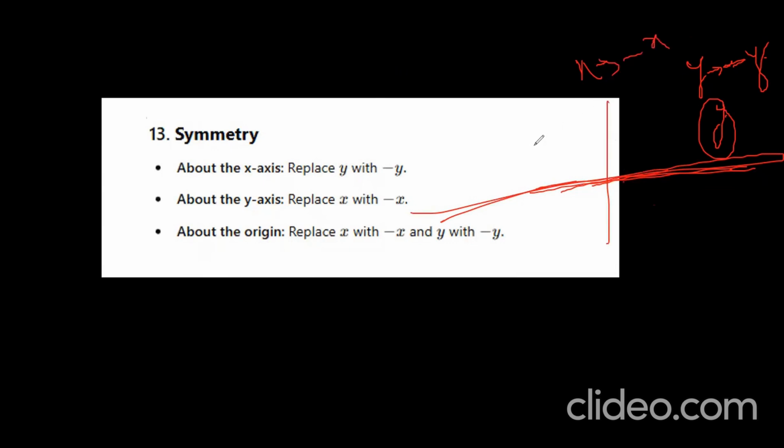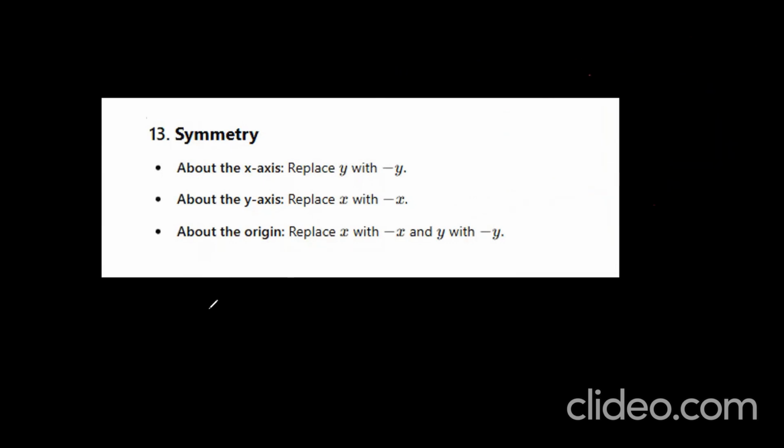About the origin: replace x with minus x and y with minus y. Got it? Symmetry about the origin means x is replaced with minus x and y is replaced with negative y.